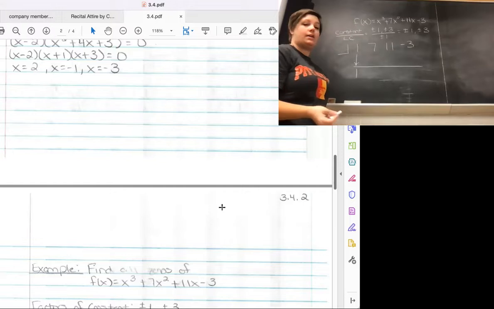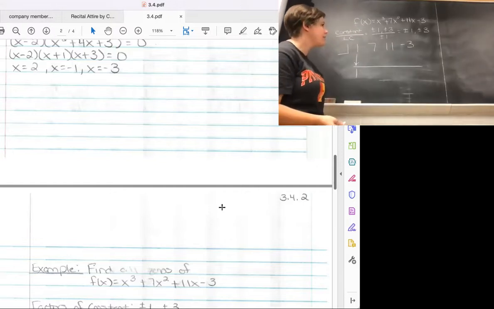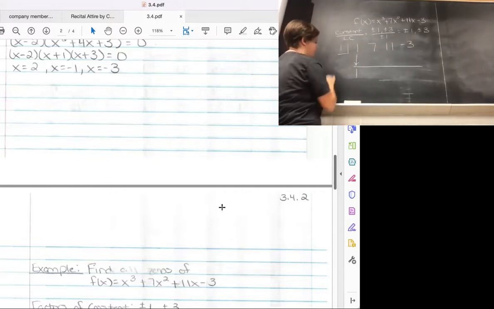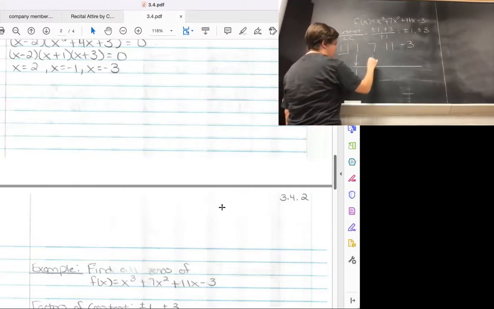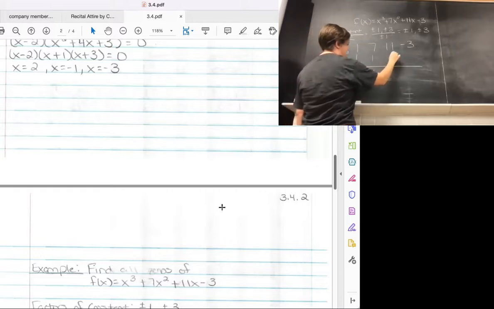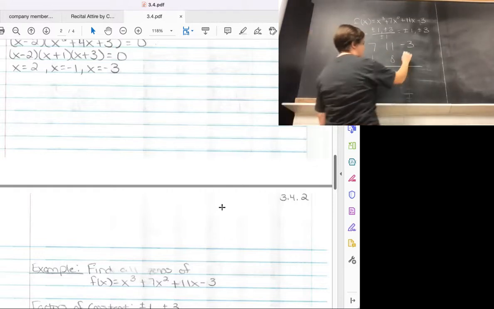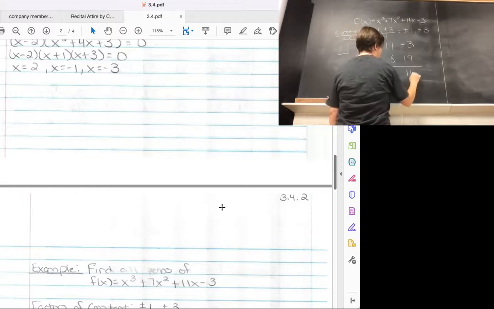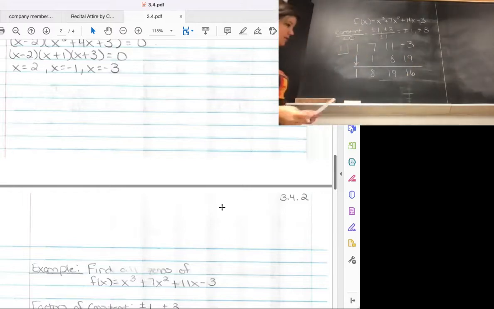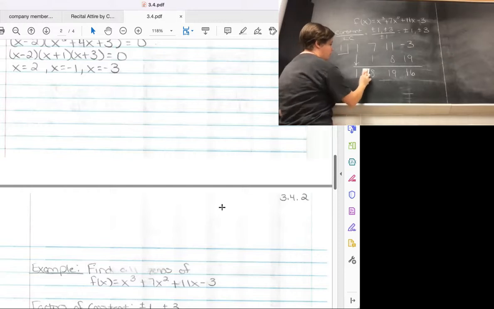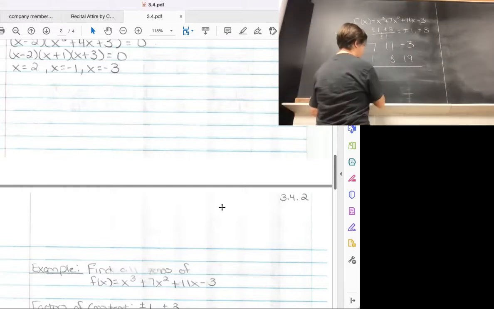And now I just pick. I have to see if I can find a 0. So let's try 1. 1 times 1 is 1, add down. 1 times 8 is 8, add down, that's 19. 1 times 19 is 19, add down, and I get 16. Well, that's not 0, which is what I want, so 1 was not a solution.